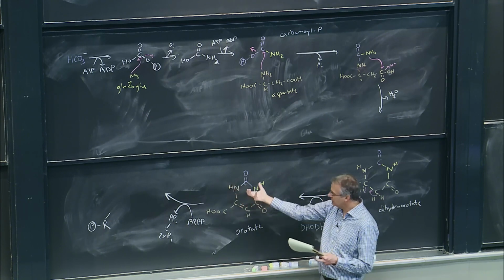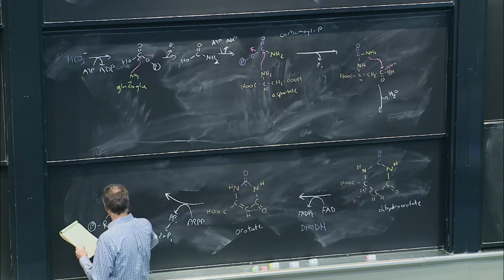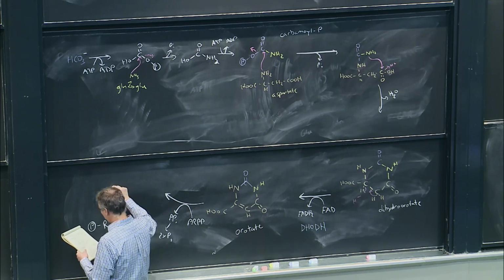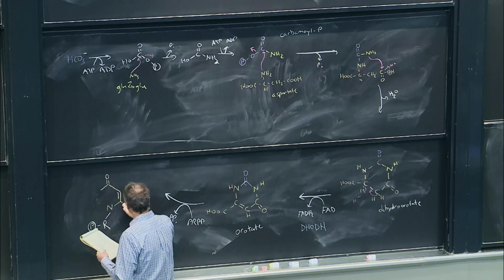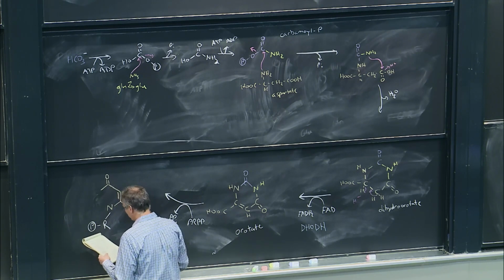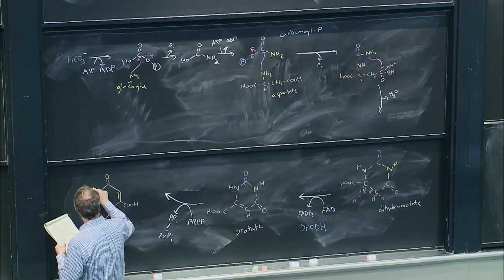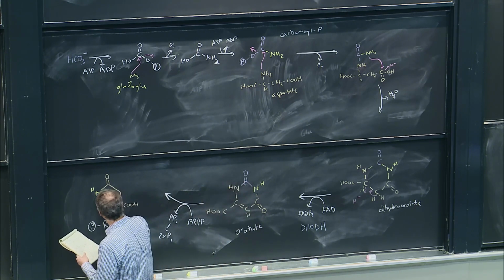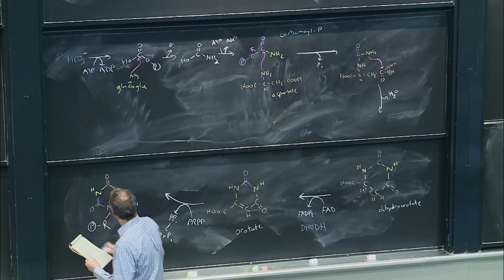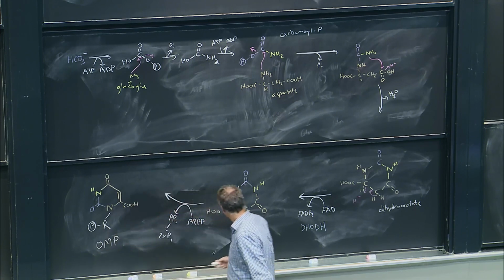If I add to that nitrogen and now rotate the molecule in that direction, and you get this molecule, which is orotate monophosphate.